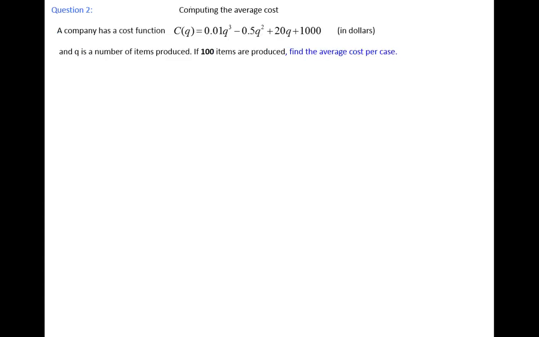And probably the formula is not friendly. We have to use the calculator, but yeah, let's see what we can do. Again, the average cost is simply defined as the total cost at that Q over Q. Make sure you remember this, and we have to use 100.